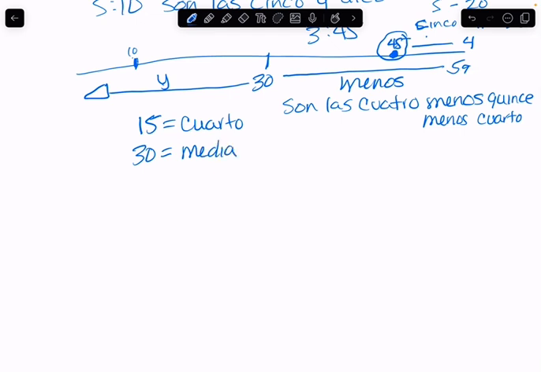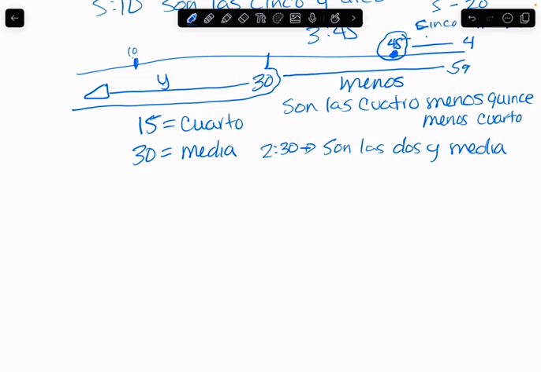So if I have 2:30, this would be son las 2:30. Because remember, if it's 30 or less, you go with y. If it's 31 or more, you go with menos.